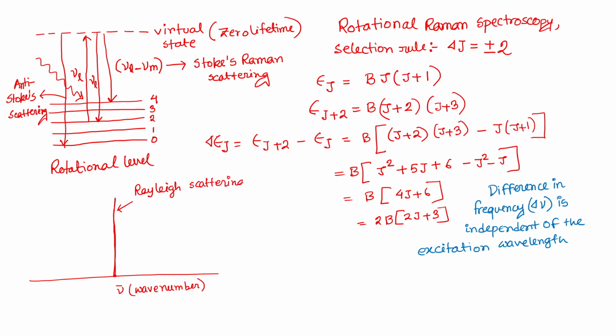Now wave number increases to this side, so your lambda goes the other way, as you can see. If your energy is increasing this side, your frequency is also increasing that side.